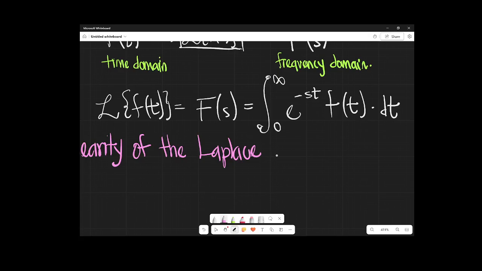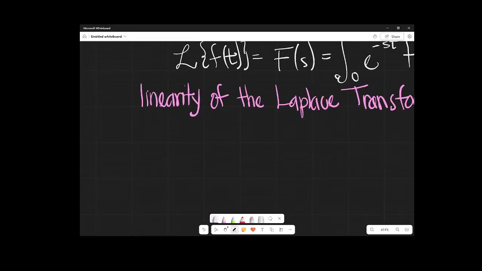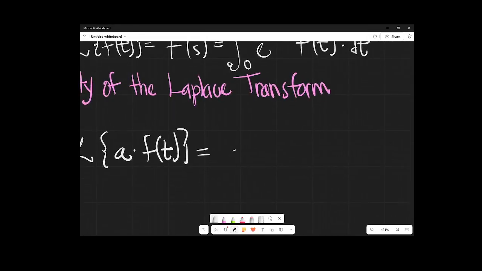And that is to just say that it is a linear operation, meaning that the Laplace transform of a constant times a function is just that constant times the Laplace transform of that function.